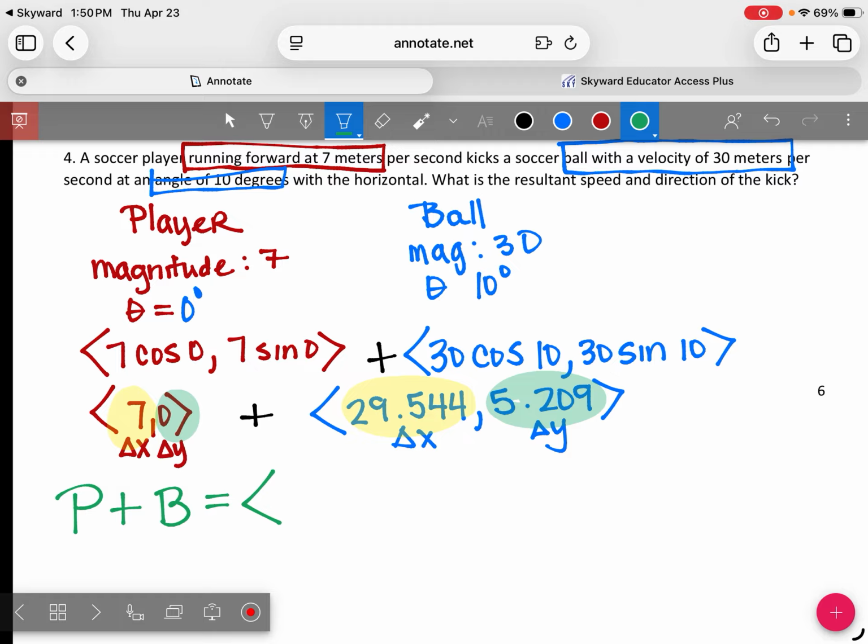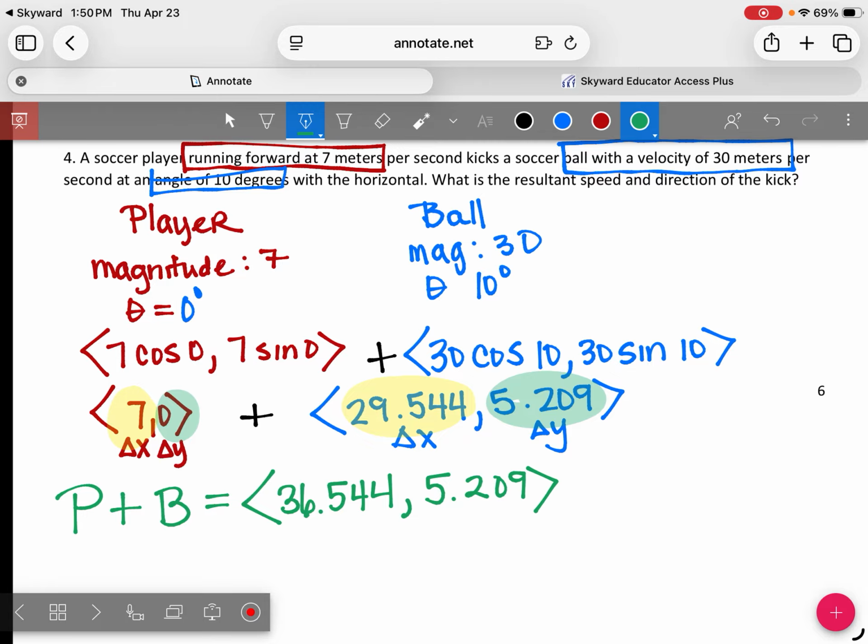Okay, go ahead and see what you get. Okay, this is what you should have.